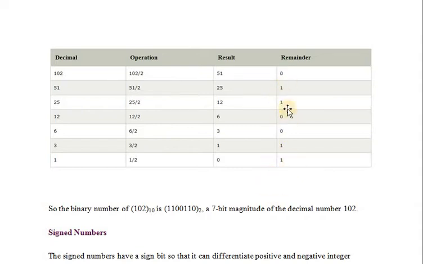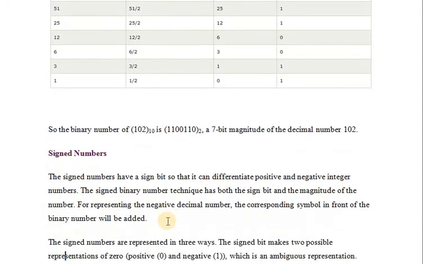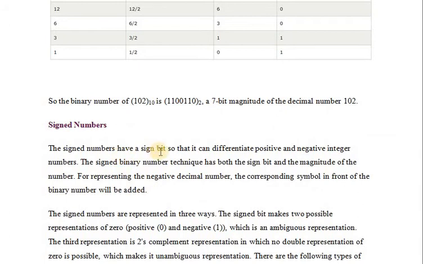Before this, we have not represented any sign that indicates it is a positive number or an unsigned number. So how can we differentiate signed and unsigned numbers? We will see next. Signed numbers have a sign bit so that they can differentiate positive and negative integer numbers.